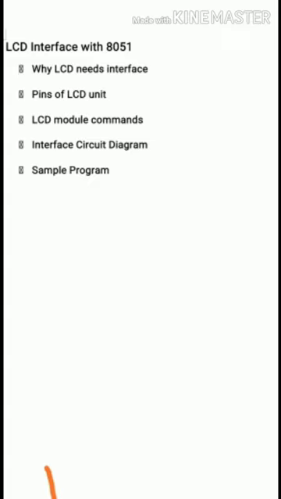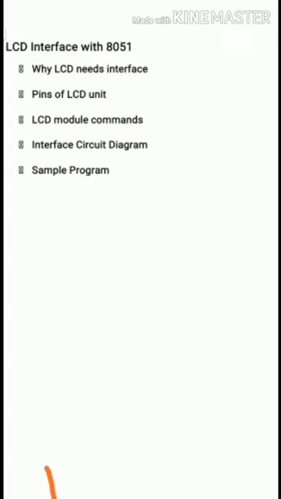Any data that needs to be displayed on this LCD screen has to be sent through a processor, and to control all the commands, or even to configure the LCD, a processor is required. Therefore, the LCD unit cannot be a standalone unit.